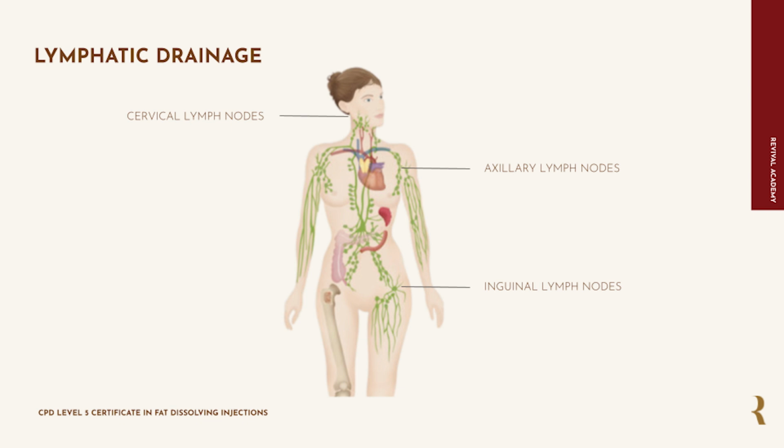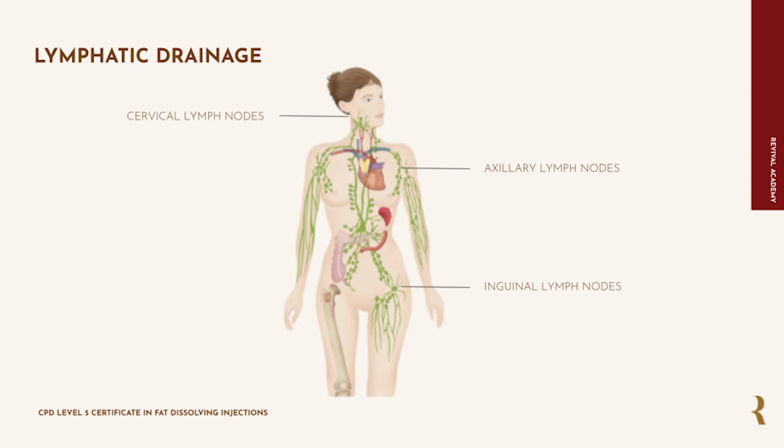Anyone who has had the underarms or the arms done would need to massage in a way that flushes the destroyed fat cells towards the axillary lymph nodes. And then the other one is the inguinal lymph nodes, which are where the hips and the groin are. So anyone doing the love handles or the stomach needs to effectively carry out the lymphatic drainage massage towards those lymph nodes.